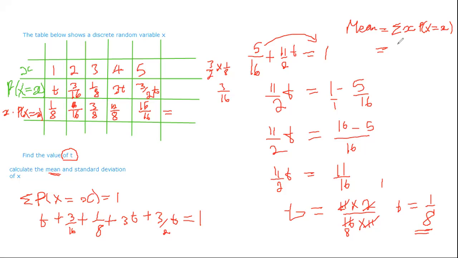When we add here, we get 3.3125, which we can say is 3.3. So that would be our mean. Then after calculating the mean, we take this to the next part.